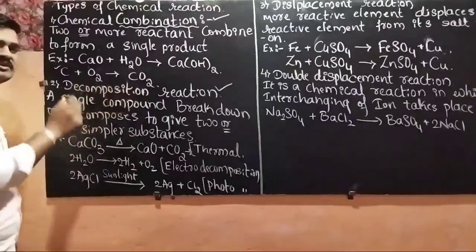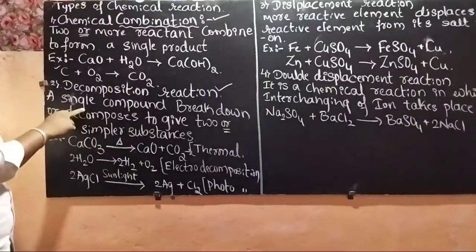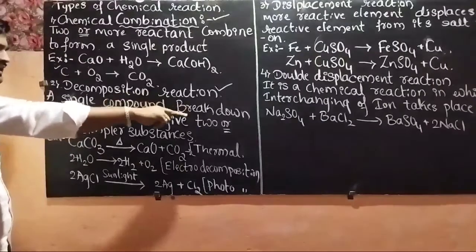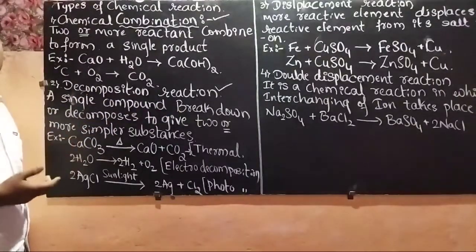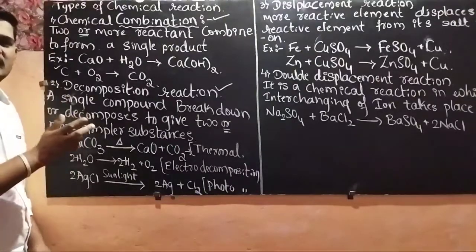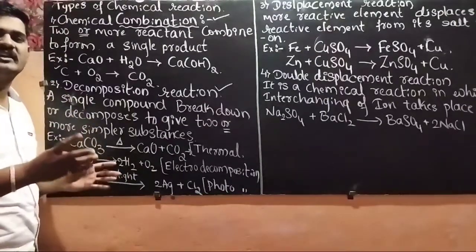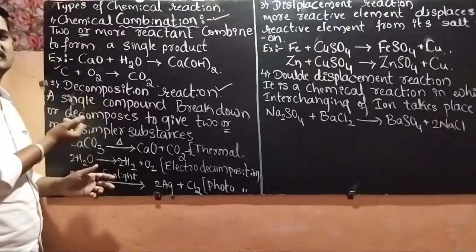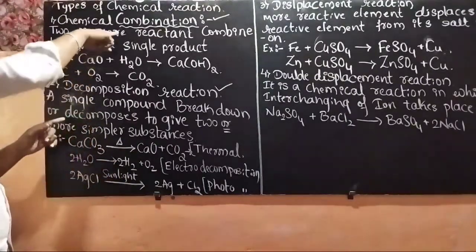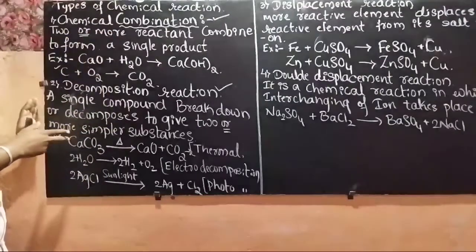In the decomposition reaction, a single compound breaks down or decomposes to give two or more products. It is known as a decomposition reaction. These two are exactly opposite to each other.